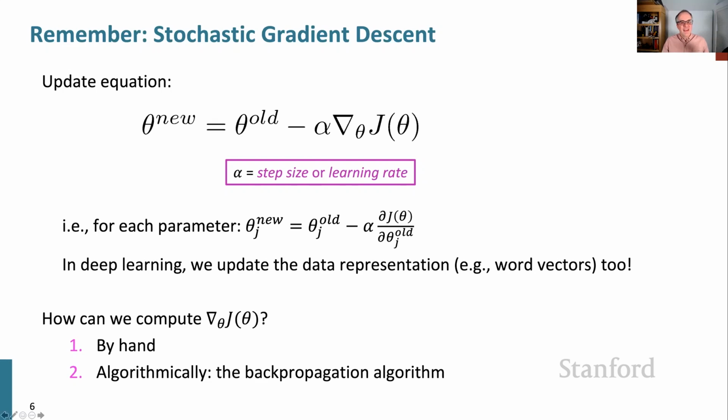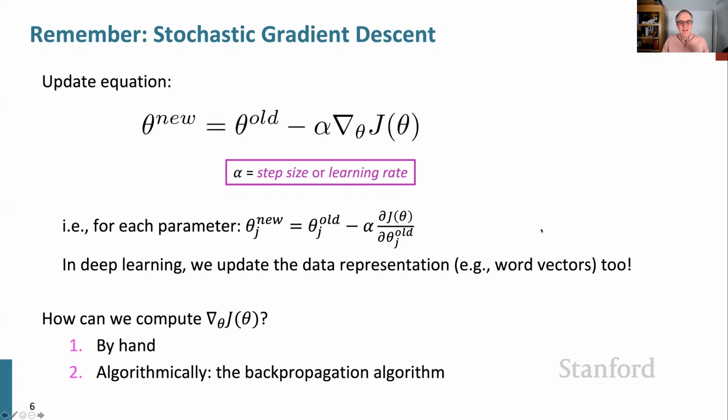But you can also think about it that for each individual parameter, theta j, we're working out the partial derivative of the loss with respect to that parameter, and then we're moving a little bit in the negative direction of that. That's going to give us a new value for parameter theta j. And we're going to update all of the parameters of our model as we learn.